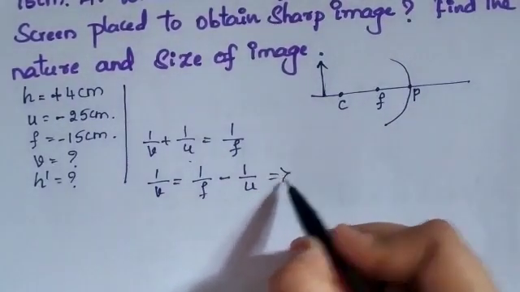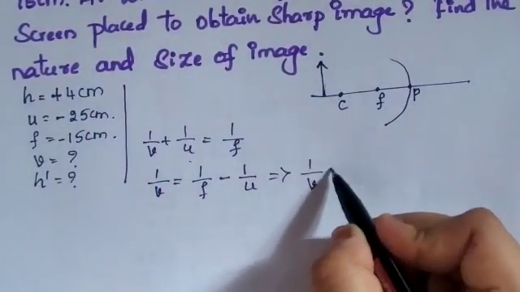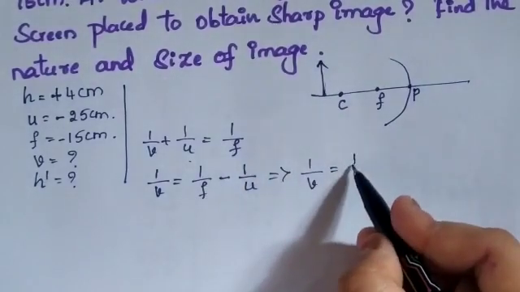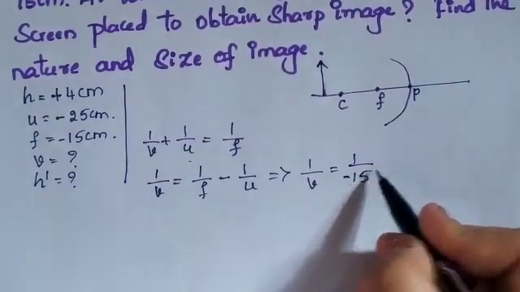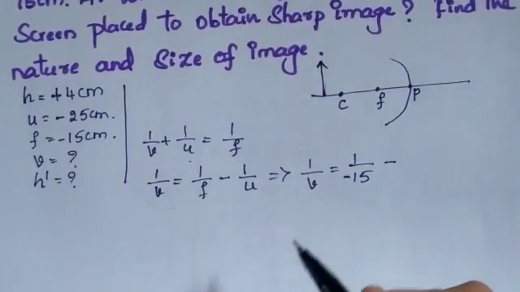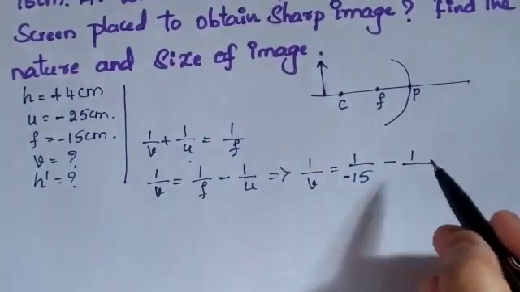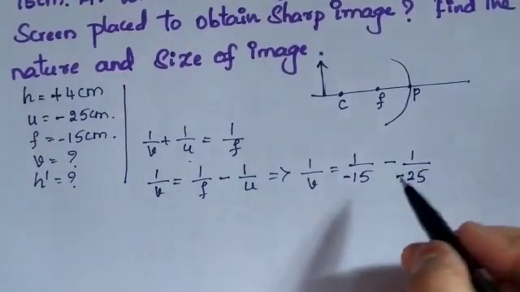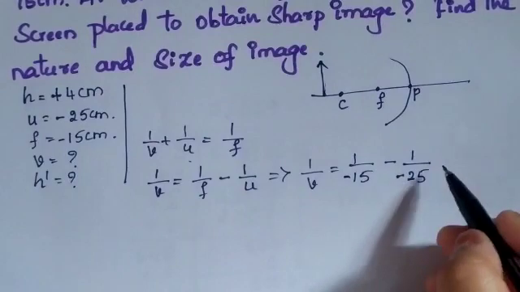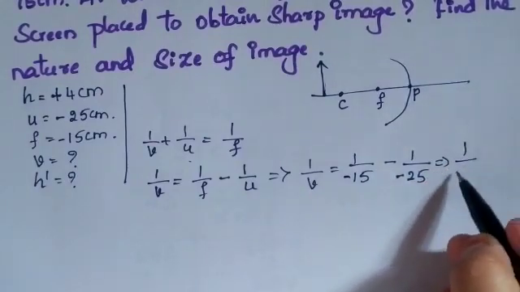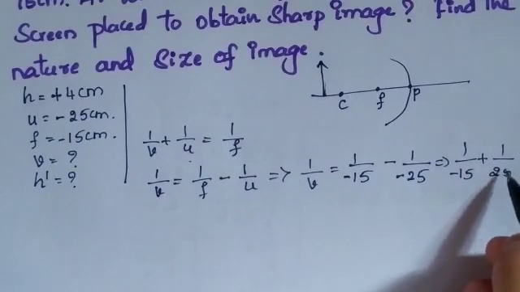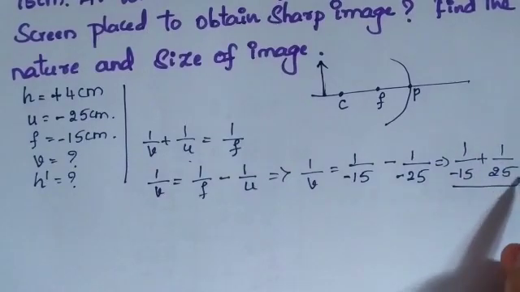Let me substitute the values. 1 by V is equal to 1 divided by F, that is 1 divided by minus 15, minus 1 divided by U. 1 divided by U means how much? Minus 25. And this minus sign comes, so 1 by minus 15 plus 1 divided by 25. Now let me take the LCM.